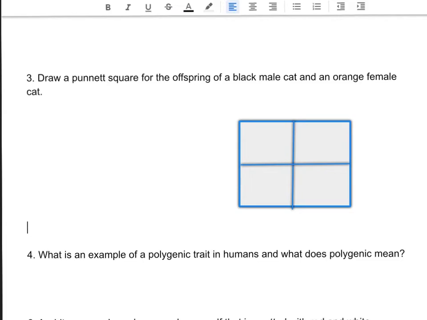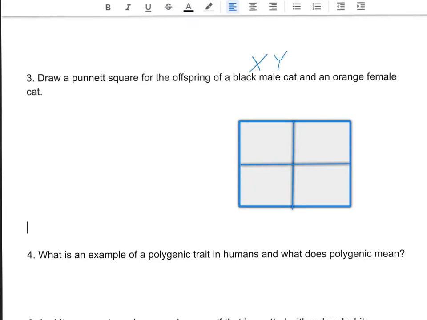For this problem, we're looking at calico cats. So remember that for the cats, the orange and the black coloring are codominant, and they are also sex-linked. So the black male cat, let's start, since we're dealing with a sex-linked trait, we need to use X's and Y's.